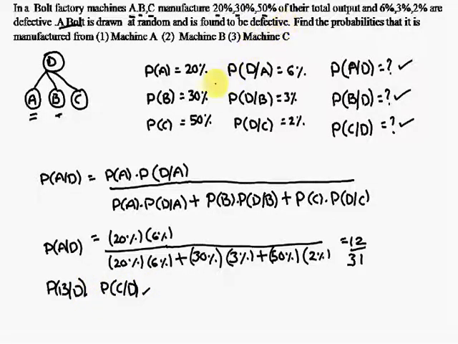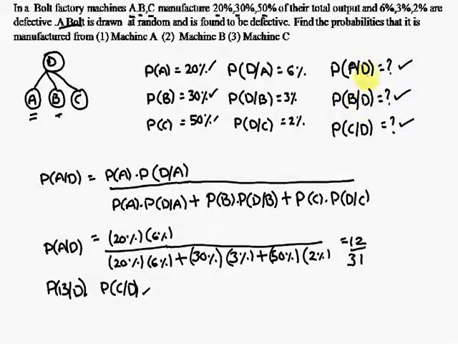From the given data, he has given the probability of machine A, machine B, machine C, and one more piece of data, that is the probability of defective given A occurs, defective given B occurs, defective given C occurs.